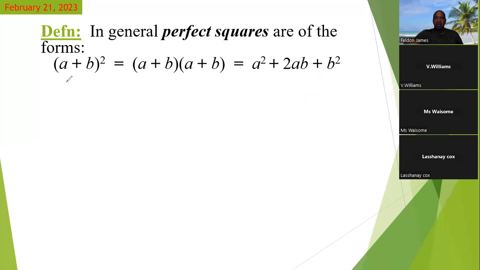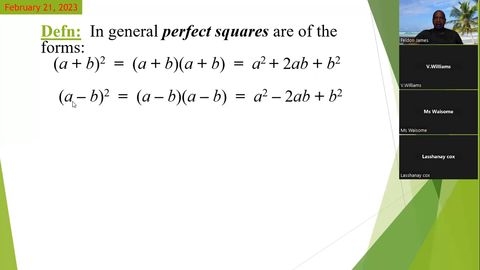All right, now, the perfect square can appear in this way, or it can appear with a minus sign between the two terms.